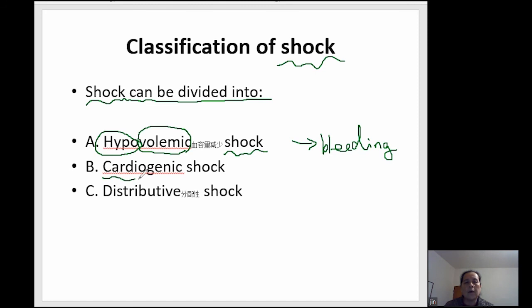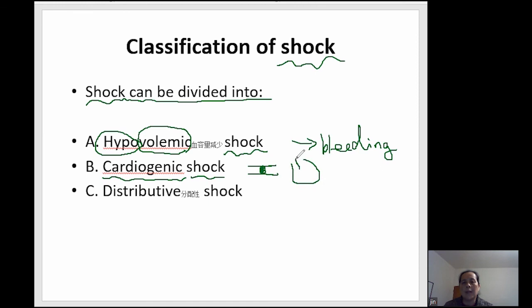Heart disorder can also cause shock. For example, we just talked about a heart attack. The coronary artery of the heart is blocked, so blood stops going to the heart muscles. The heart muscles lose nutrition and oxygen, and the cells will die, or it may cause heart failure.